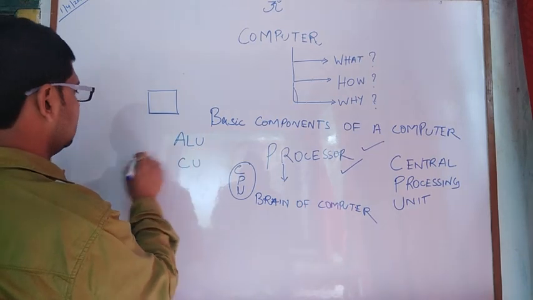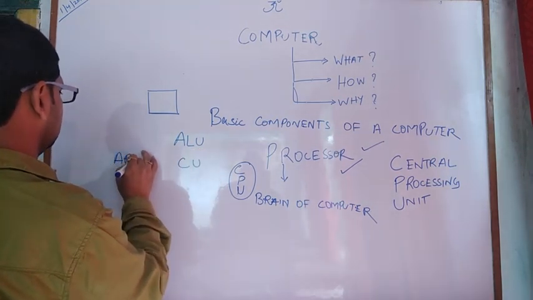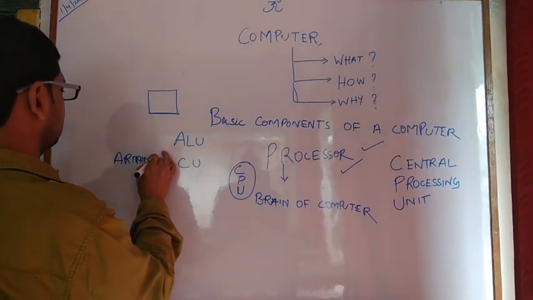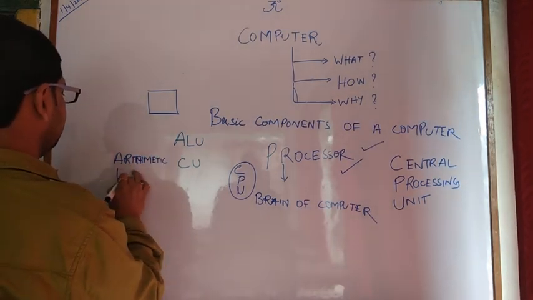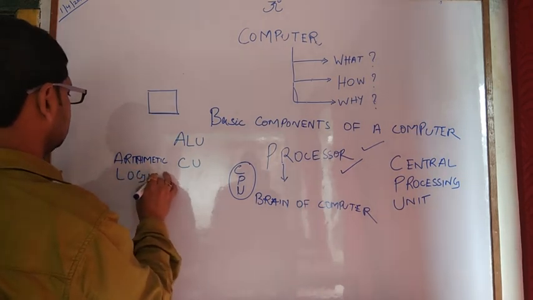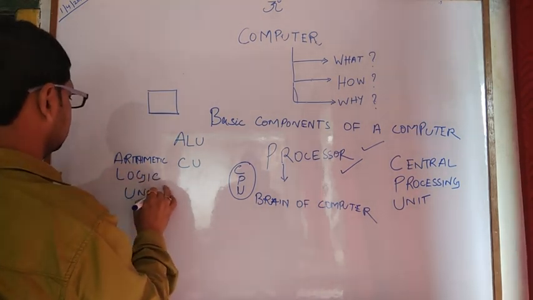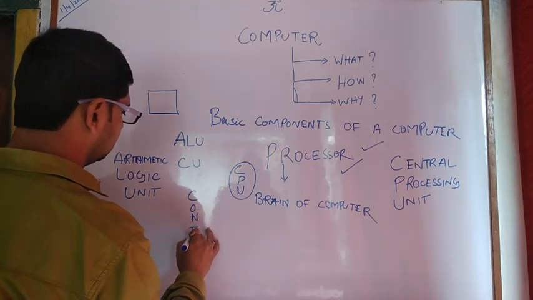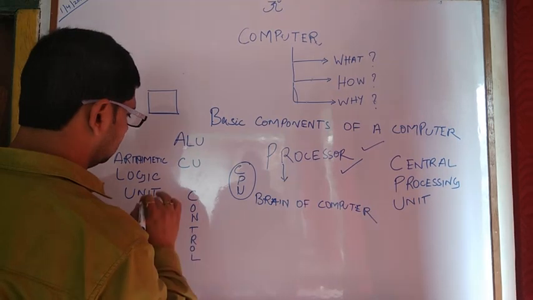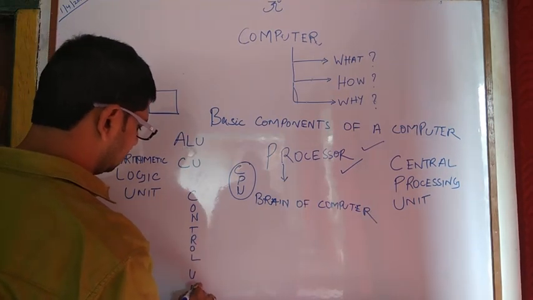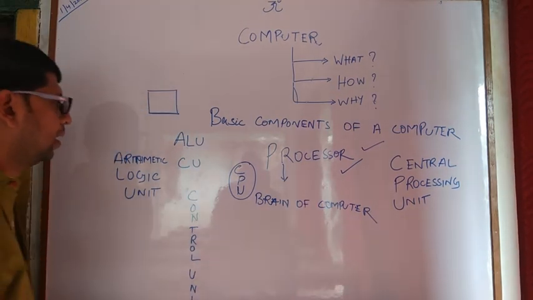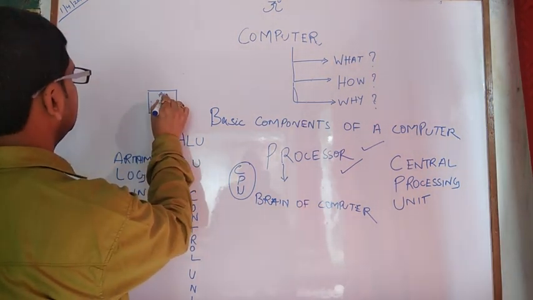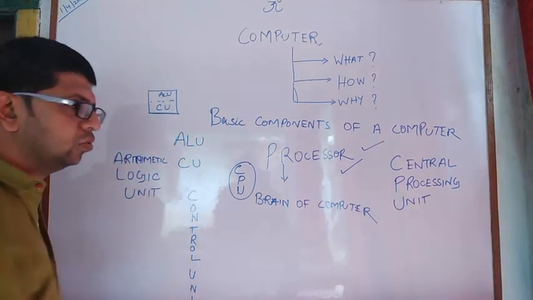ALU is the arithmetic and logic unit, and the CU is the control unit. So a CPU has basically two parts, the ALU and CU.